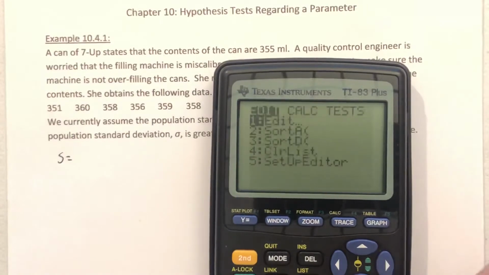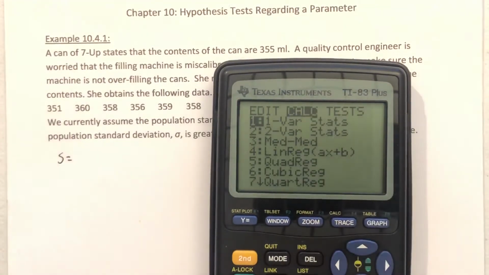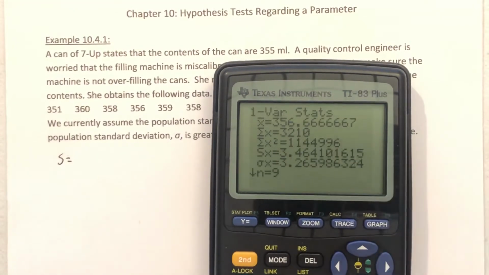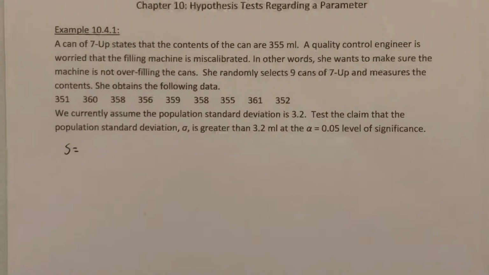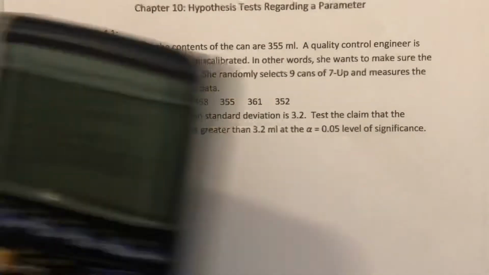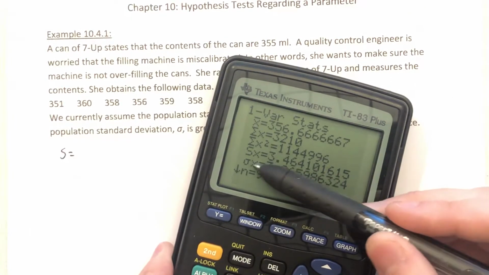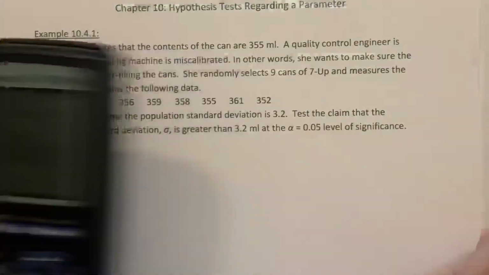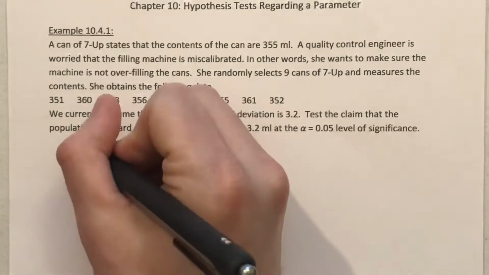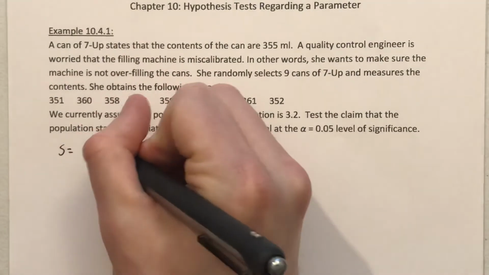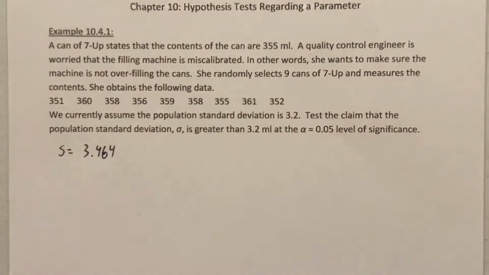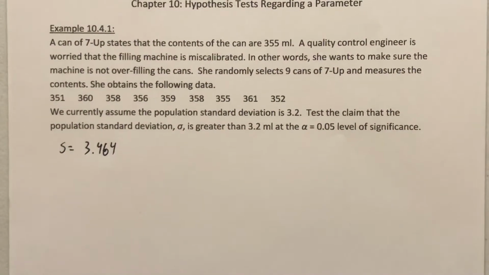Then you can go to Stat, Calculate, 1-Var Stats and hit Enter to get the necessary information. Specifically, you're going to want the sample standard deviation. You want this S, not the sigma. We'll take that to 3 places: 3.464. That'll be our value for S.